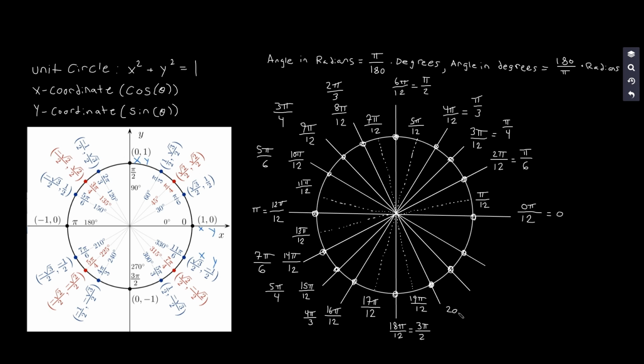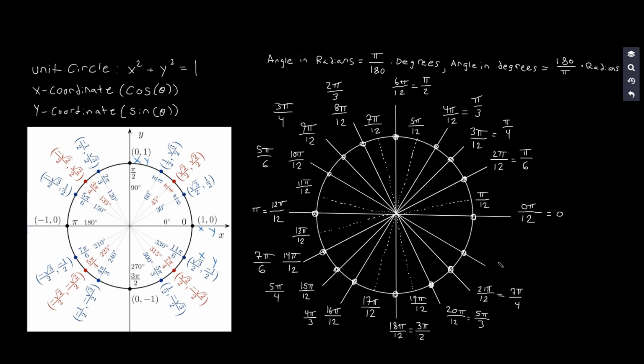This is going to be 20 pi over 12, which is the same thing as 5 pi over 3. And then we're going to go to 21 pi over 12. 21 pi over 12 is the same thing as 7 pi over 4.